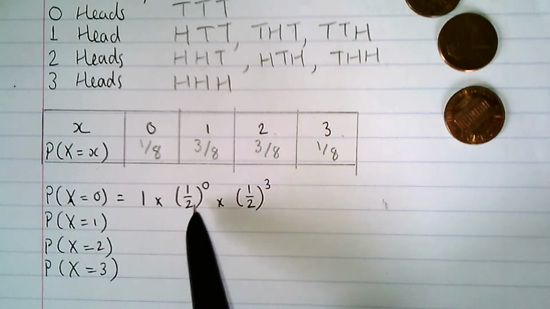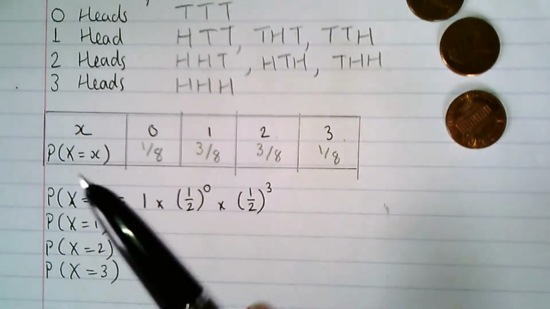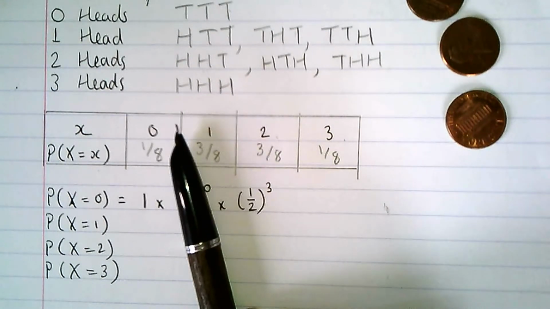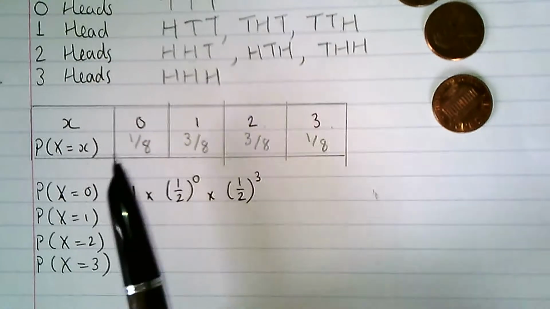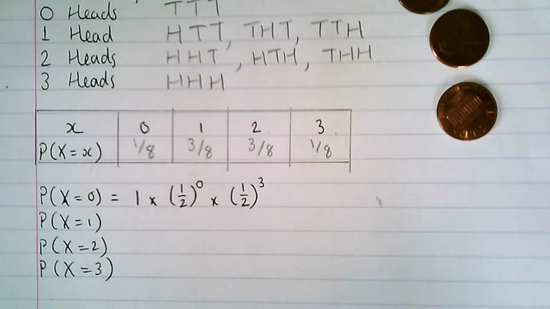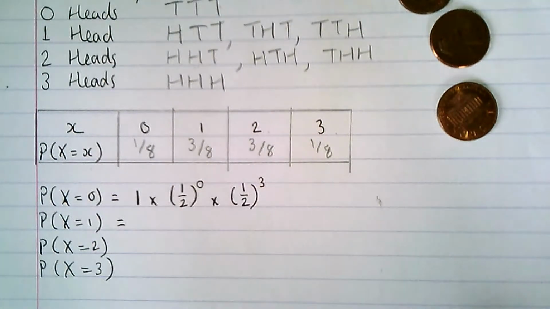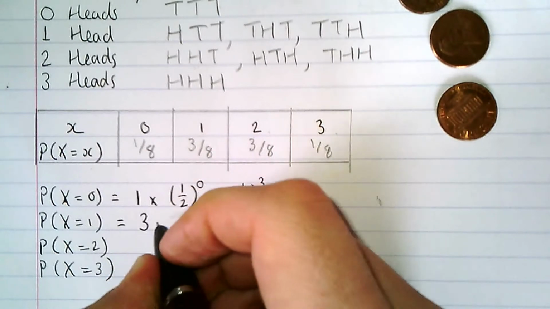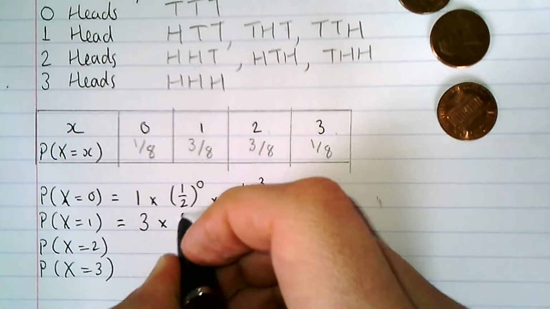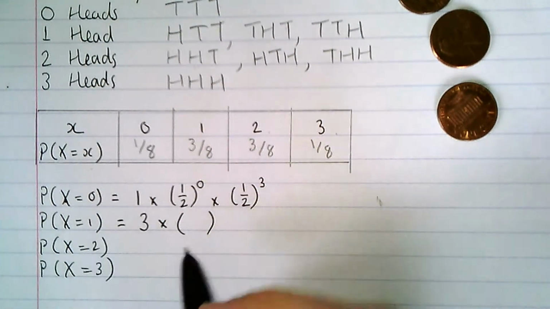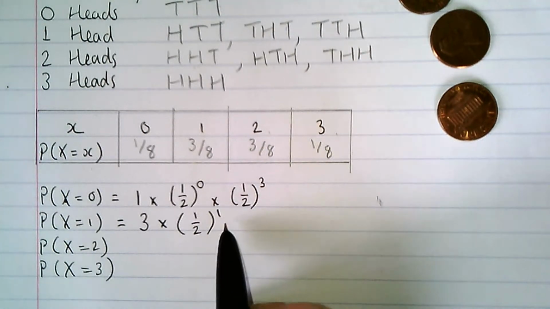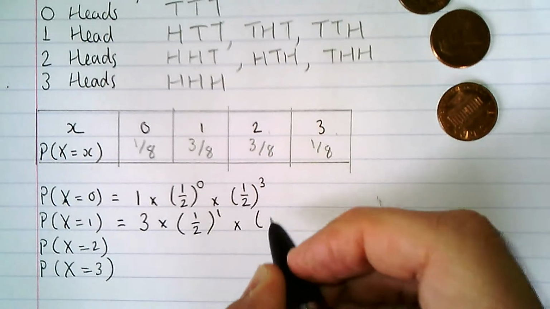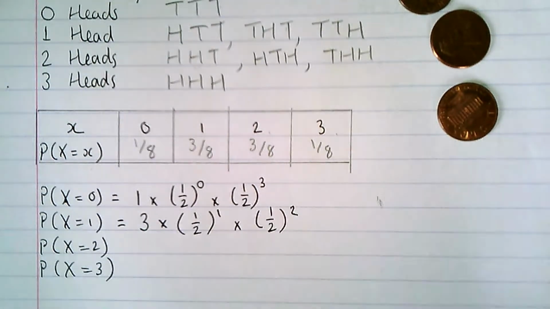We know that anything to the power of 0 is 1, so actually we could get away with not including that at all. And in the same way, I know that here I've only got one way of getting no heads, so I could again get away with not having that. But in the next one we've got 3 ways of getting 1 head, and we've got probability of a head, I want 1 of them. Probability of a tail, I want 2 tails.